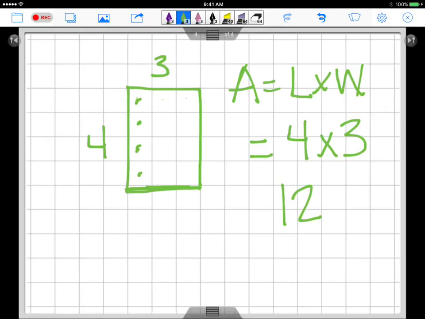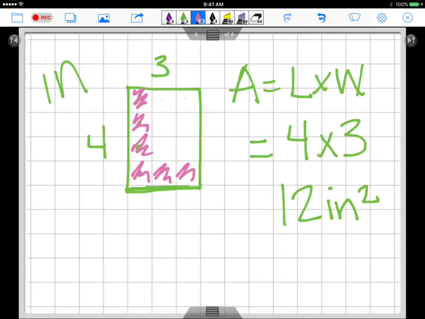That equals 12. And again, we're going to act like it's inches. So 12 squared, 12 square inches. Let's check it just by counting them. So 1, 2, 3, 4, 5, 6, 7, 8, 9, 10, 11, 12.